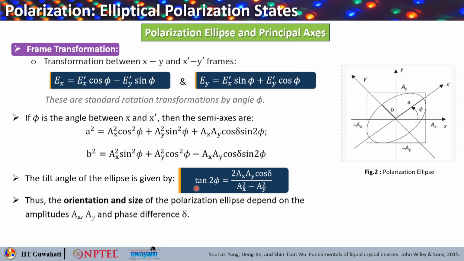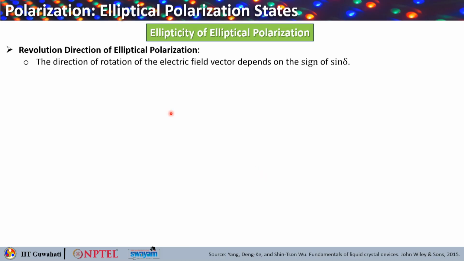So once you know this orientation and the size of the polarization ellipse, okay, you can understand how the electric field vector is propagating, and to do so you require the knowledge of Ax, Ay and the phase difference delta between these two components. Now how do you determine the rotation direction of elliptical polarization?